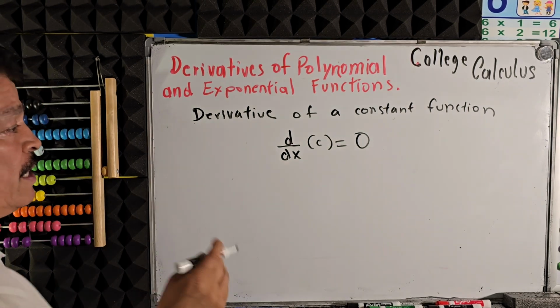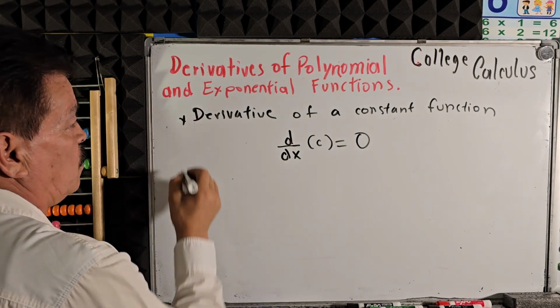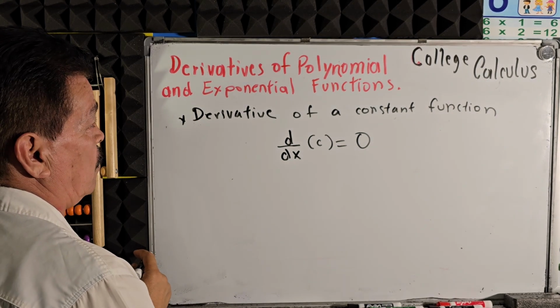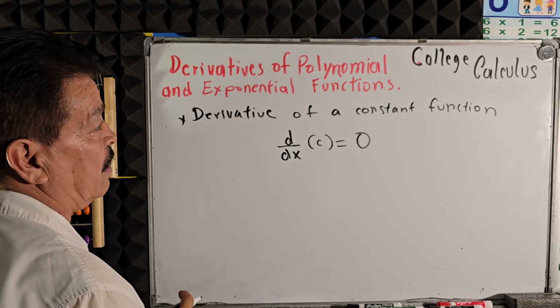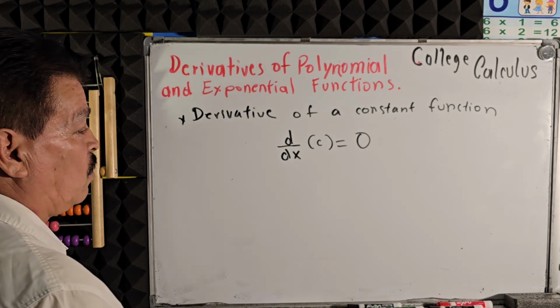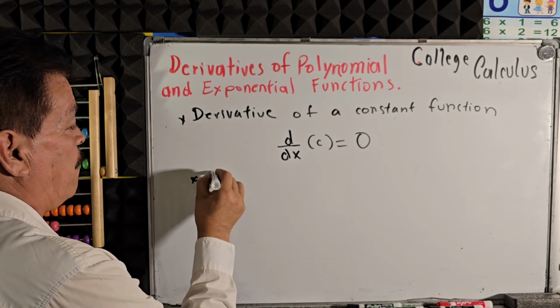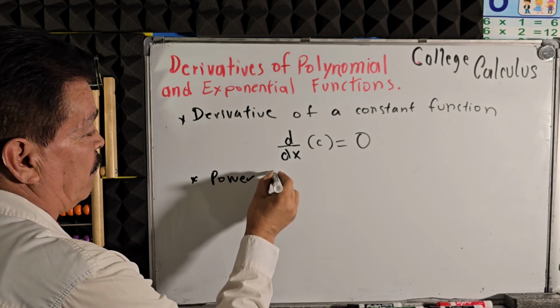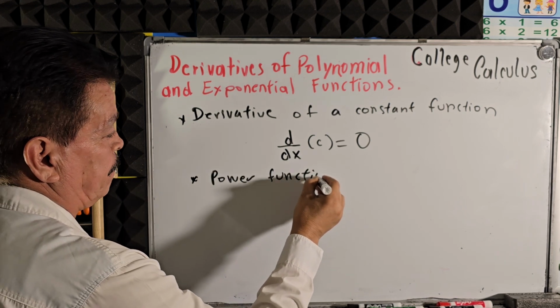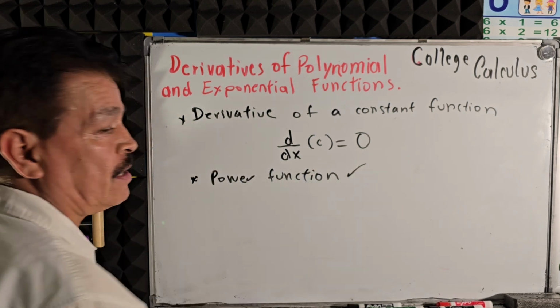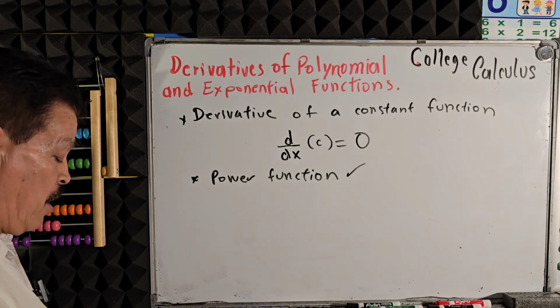Another idea that we have to remember when working with problems with derivatives of polynomials is that we have to know what a power function is. Okay, what do I mean by a power function?